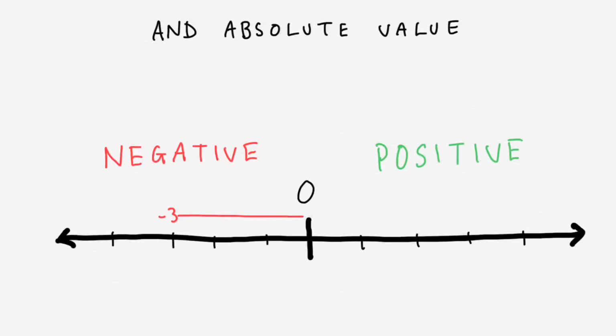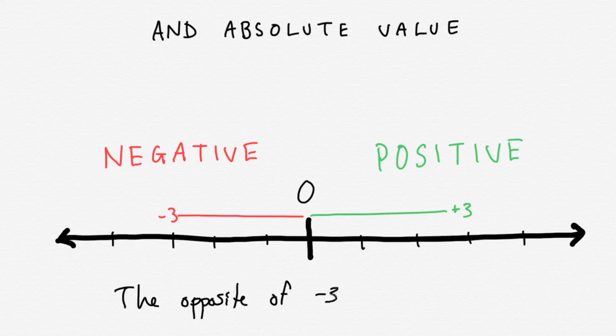On the other side of the number line, 3 spaces over, I get the number +3. So that means that the opposite of -3 is +3. That's really all I'm talking about when I'm talking about opposite integers. Just whatever number is on the other side of the number line.